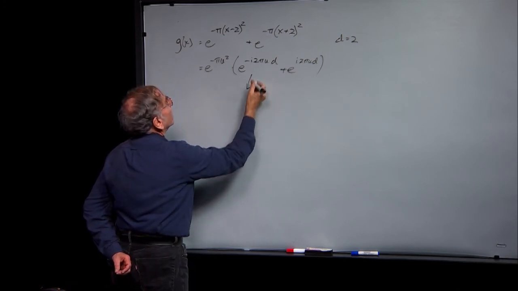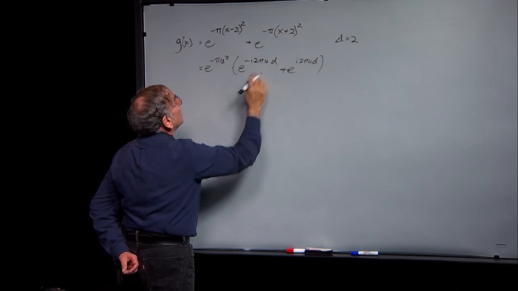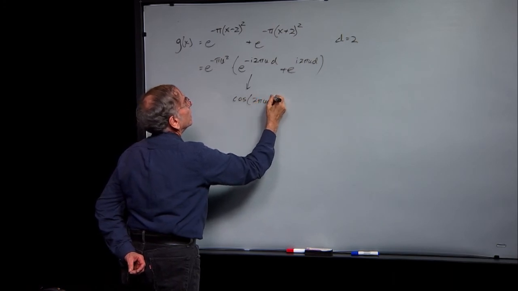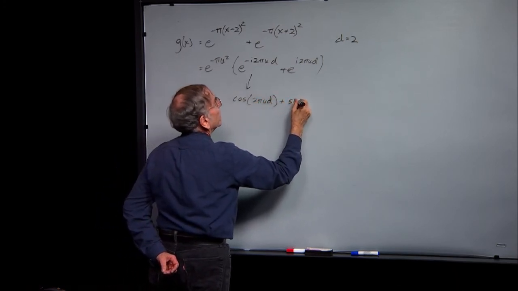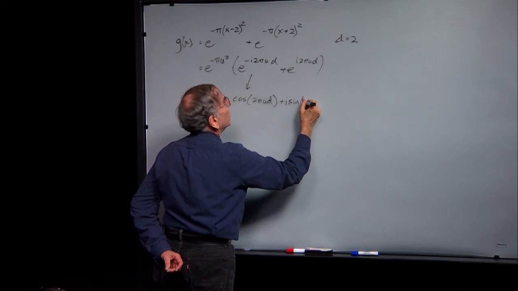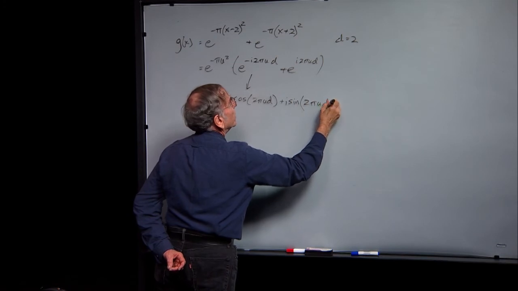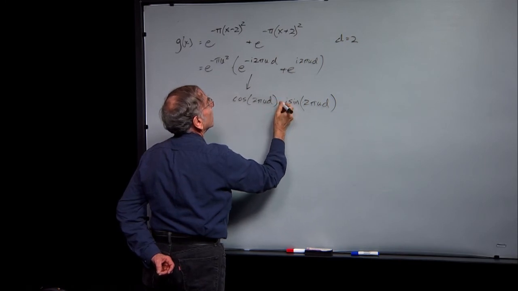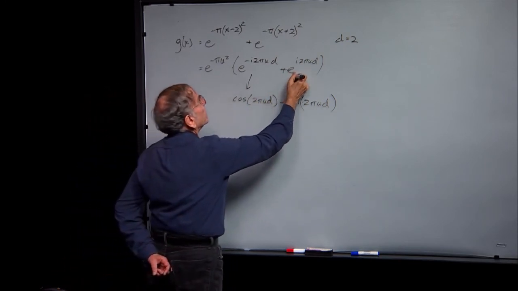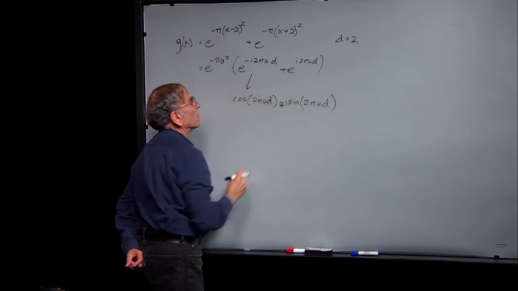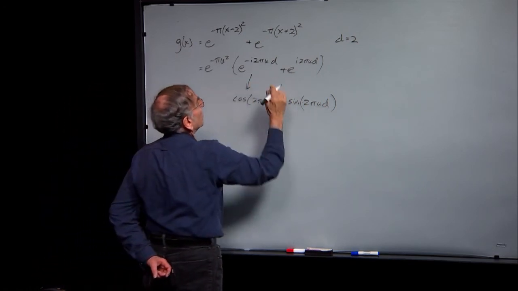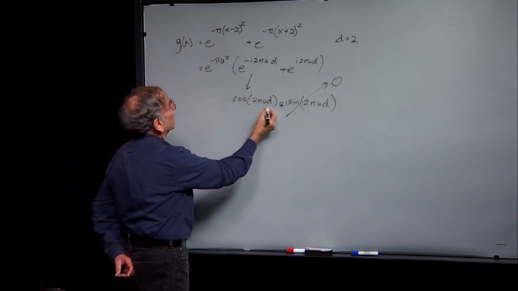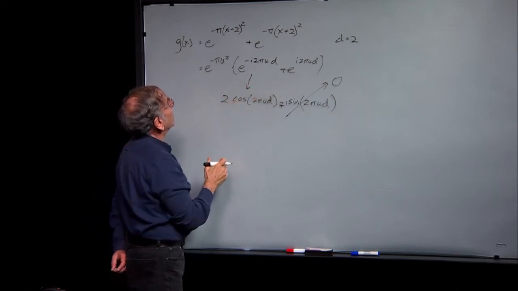This complex exponential is equal to cosine of 2 pi u d plus i times sine of 2 pi u d, with a minus sign on the sine term. And this one is just the same thing, but with a plus there. And so when I sum them together, the sine term goes to 0, and we're just left with the cosine term. And we have two of these cosines added together.